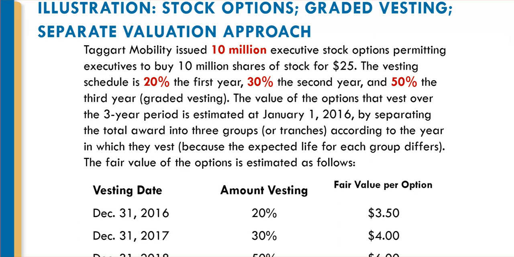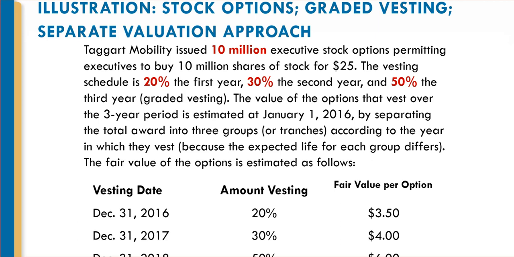The other thing I want you to look at, though, is that the value of the option in each one of these groups is going to be different. Several things are happening here. Time value of money happens. The other thing is we would expect in 2018 the stock price to have appreciated more than it would have in that first year. So in a trajectory of stock prices, you would expect the stock price to go up, up, up, up, up.